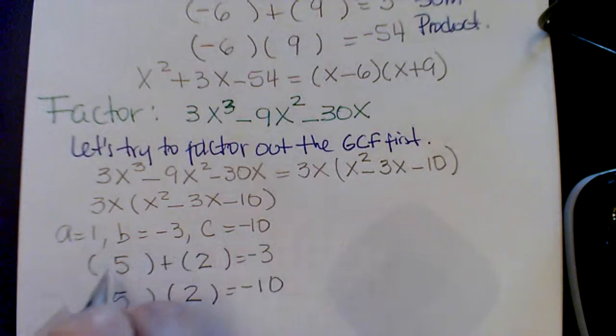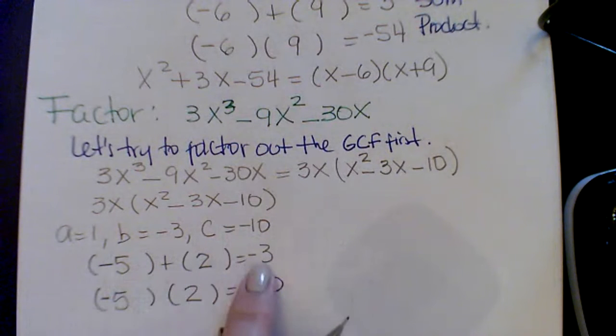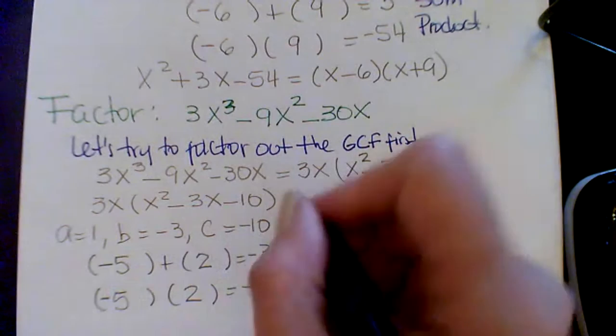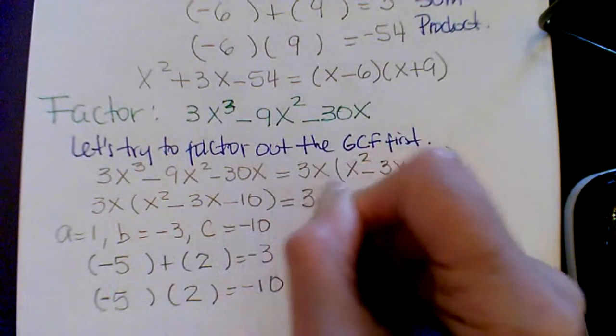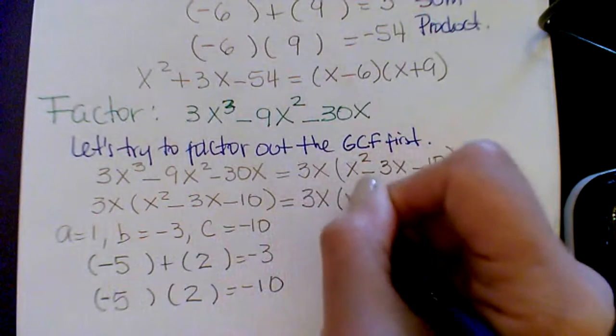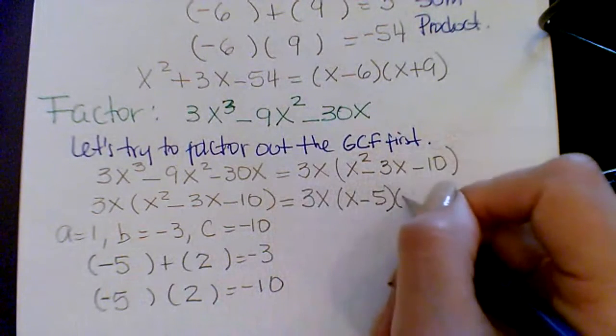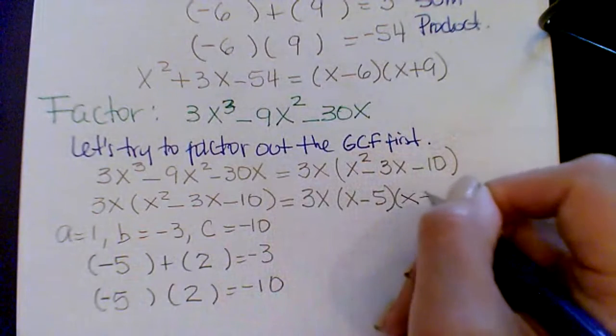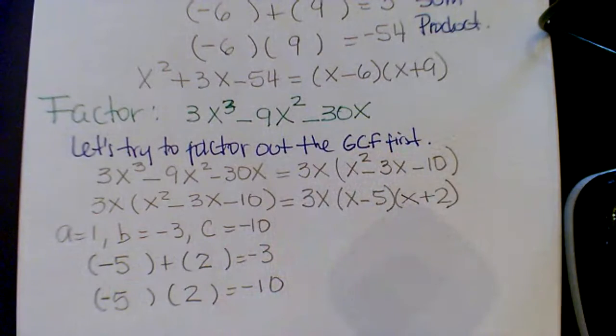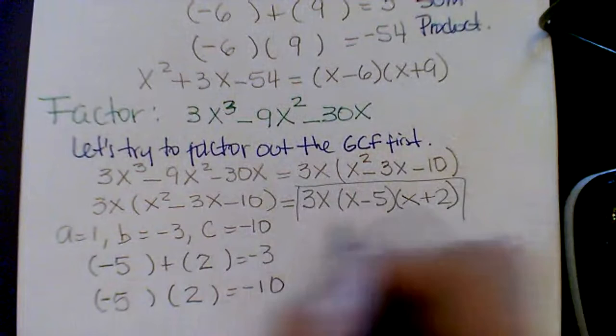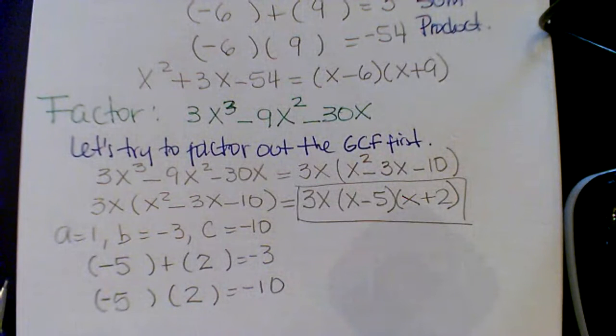To get a negative 3, the 5 needs to be negative. Negative 5 plus 2 is negative 3. Negative 5 times 2 is negative 10. All right, so then my answer, don't forget the greatest common factor: 3x times x minus 5 and x plus 2. So sometimes we might need to factor the greatest common factor first.